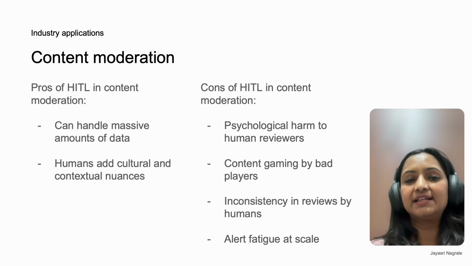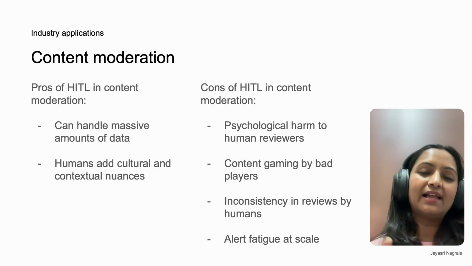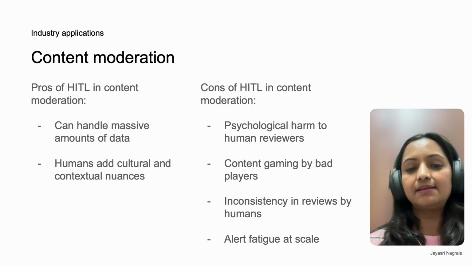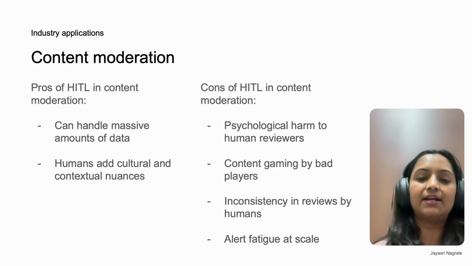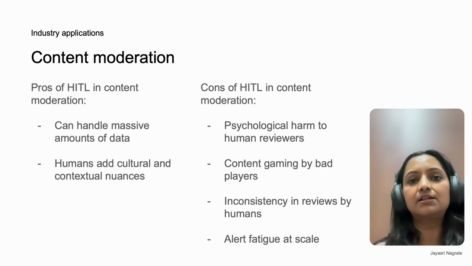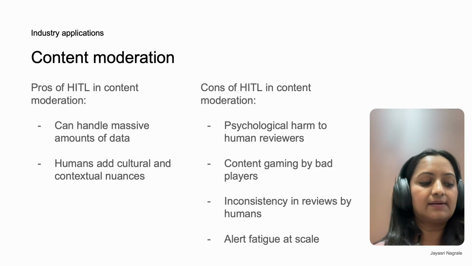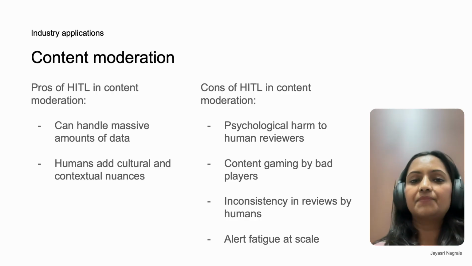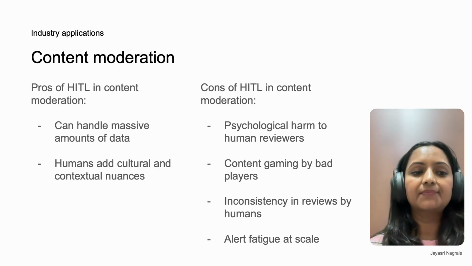Maybe they can make content in such a way that it just passes the benchmark for an AI and then it gets approved. So there's a possibility of gaming the system as well. There's also a possibility of inconsistency in reviews by humans. So maybe one reviewer says, yeah, this is good, it's fine. Or maybe the other reviewer who is stricter will say, this is not passing. And also there's a possibility, just like healthcare, that the human reviewers could receive a lot of alerts at scale, which can cause alert fatigue.